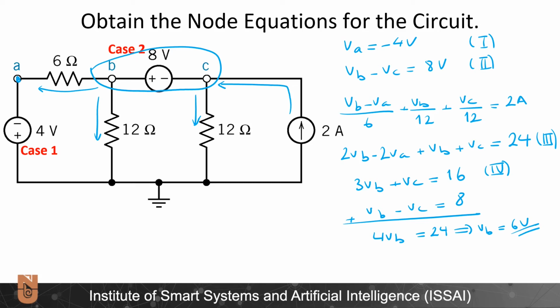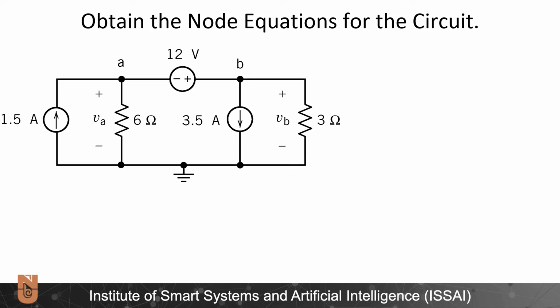And if I have VB as 6 volts, from equation 2, I will have 6 minus VC is equal to 8. And from here, VC will be equal to minus 2 volts. And I already have VA as well, and I complete the solution of my question.